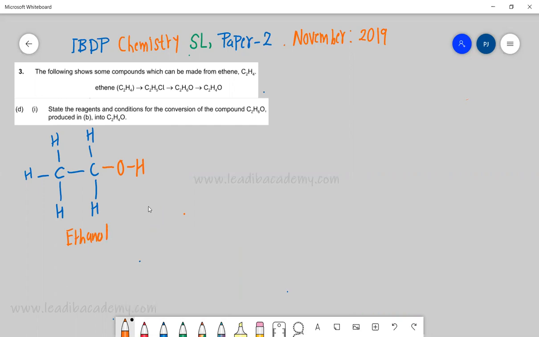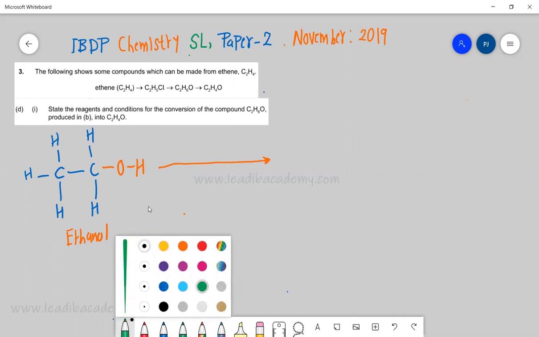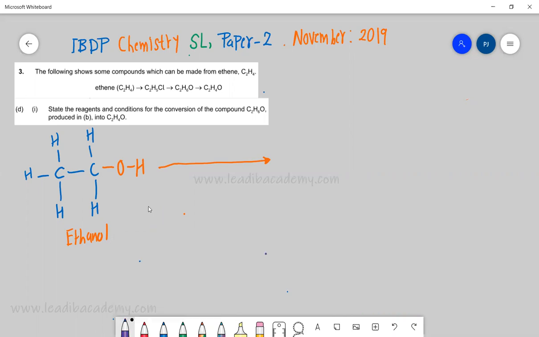Now we need to convert it into C2H4O, and you people are smart enough and have understood already what kind of a substance we are talking about. So we are talking about a strong oxidizing agent. But it is important that this has to be acidified.